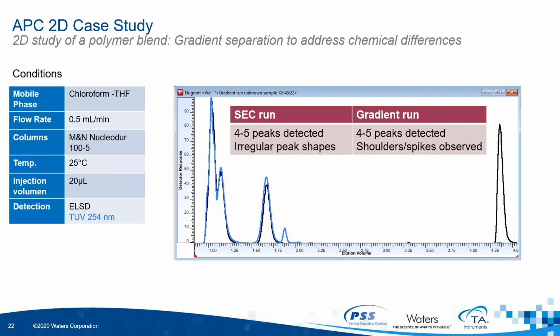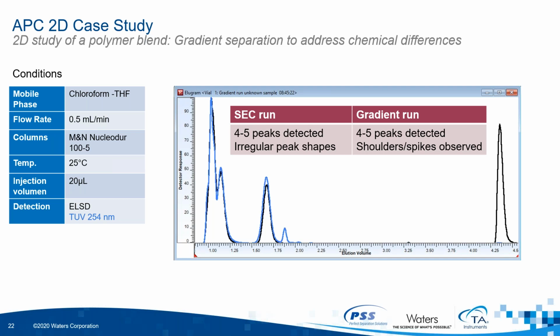Again, you see 3 main baseline separated peaks and 2 smaller ones. Both detector traces differ slightly. There are 5 peaks detected in the SEC run, with some irregular peak shape. The gradient run also reveals 4 to 5 peaks and spikes. There are still a few peaks missing.